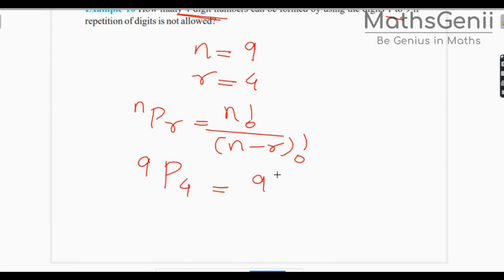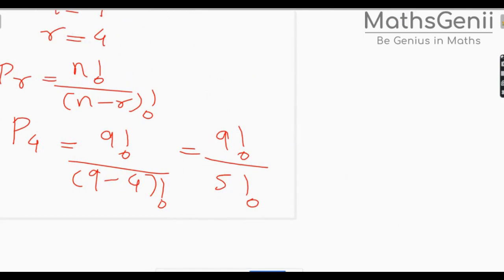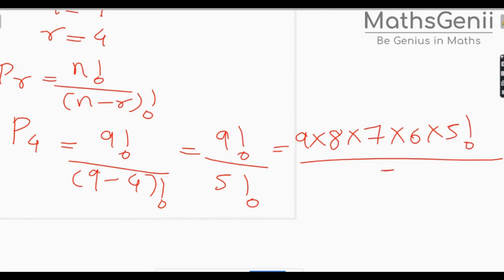So n factorial upon (n minus r) factorial gives me 9 factorial upon 9 minus 4, which is 5, factorial. Expand, but don't expand completely. Expand till 5: 9 into 8 into 7 into 6 into 5 factorial upon 5 factorial.